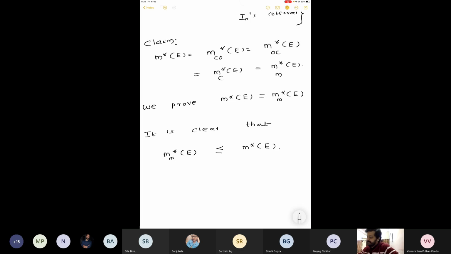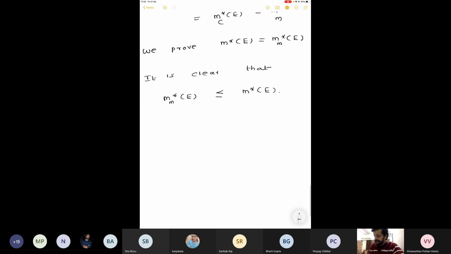Okay. So the only thing left is to prove the other way around. To prove that M star E is less than or equal to MM star E. It is enough to prove that for any epsilon greater than 0, M star E is less than or equal to MM star E plus epsilon.